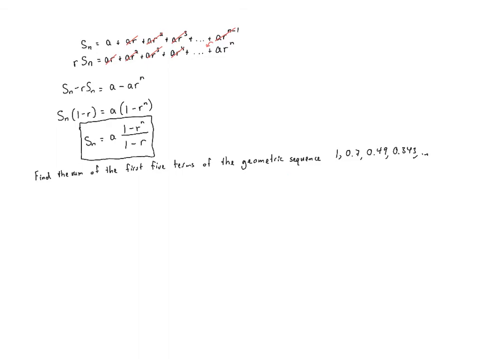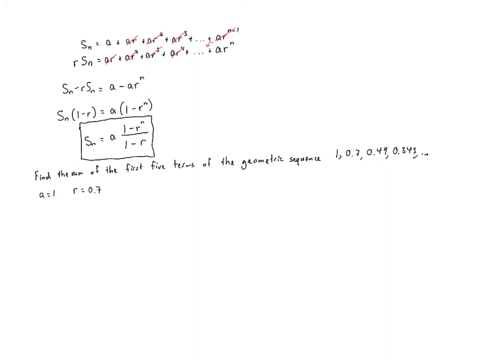We can quickly test that the first few terms we're given satisfy this. The common ratio here is 0.7. Every time we multiply by 0.7, we get to the next term. So in this case, a is equal to 1, and r is equal to 0.7.